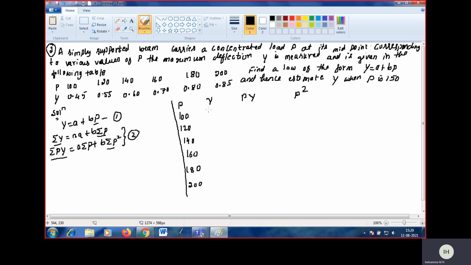Corresponding Y values you write down. Y values are 0.45, then 0.55, 0.60, 0.70, 0.80 and then 0.85.